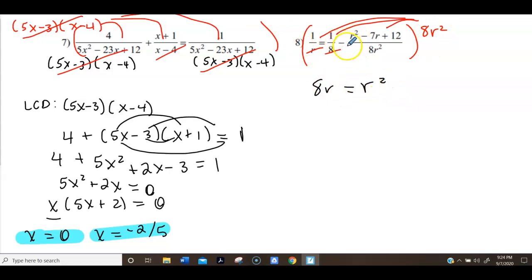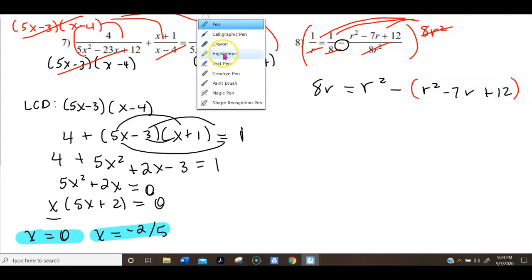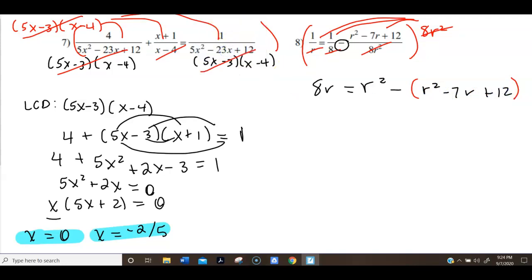Now this is where I'm really nervous for us, is the subtraction. So we're going to do subtract, and the 8R squared is going to cancel with the 8R squared, but you're going to need to put parentheses because it is subtract the whole thing. So subtract R squared, subtract 7R plus 12. The number one mistake would be to forget those parentheses.